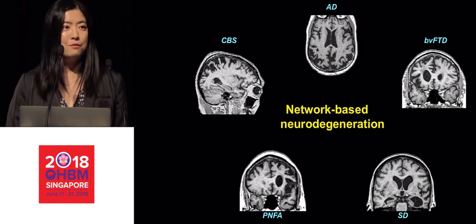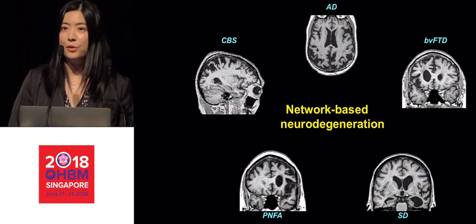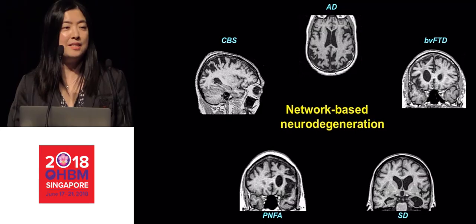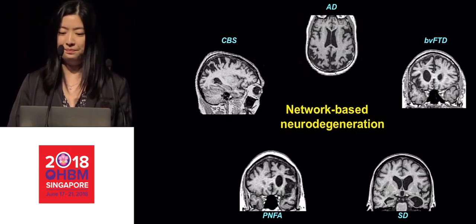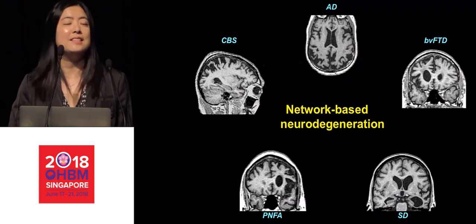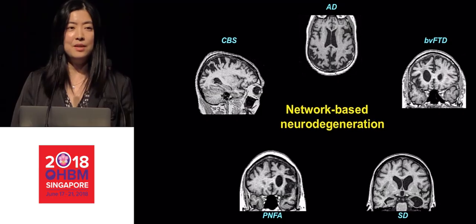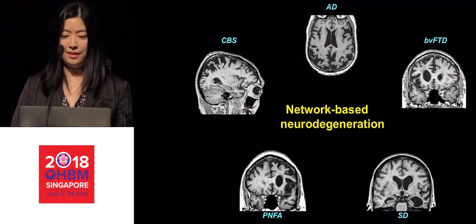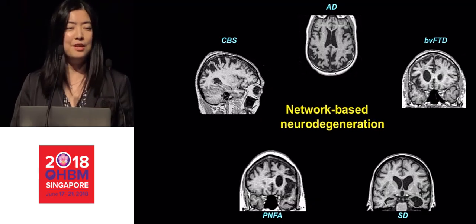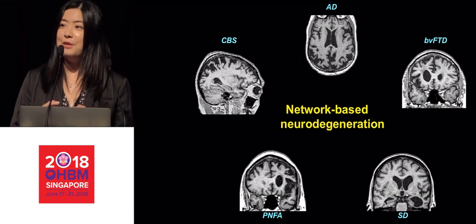Based on the evidence from neuroimaging, neuropathology, and animal models, neurodegenerative diseases have been thought to relate to network-based neurodegeneration. In 2008, when I was a postdoc in Bill Seeley's lab, Bill led the team to systematically test this network degeneration hypothesis in living humans using a network-sensitive neuroimaging method, which is resting state fMRI.